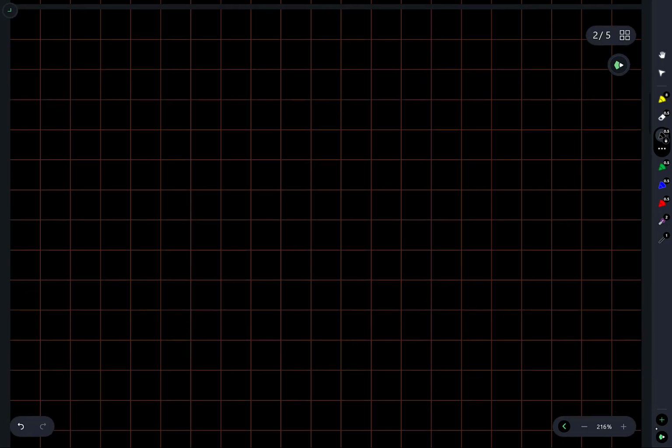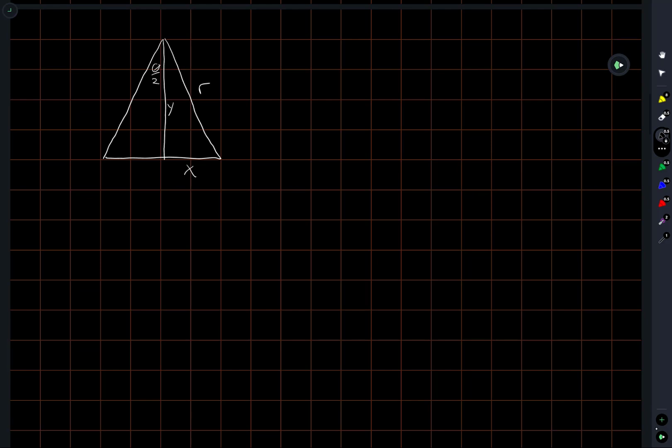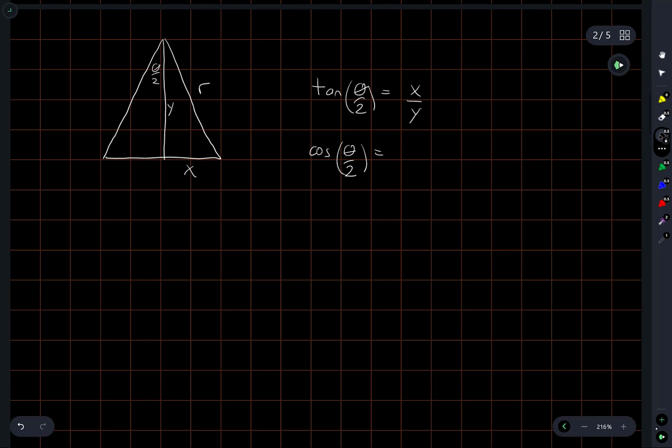Let's start with one of these triangles again. So tan of theta over 2 is x over y. Cosine of theta over 2 is y over r.